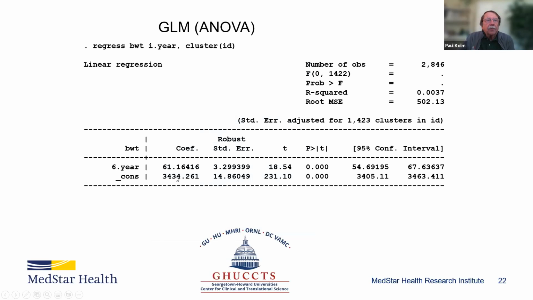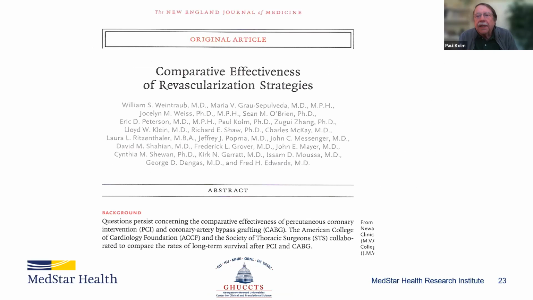The constant here would be the average birth weight for those at 4 years. Okay, so that's an example of doing matched pairs or matching by a propensity score.